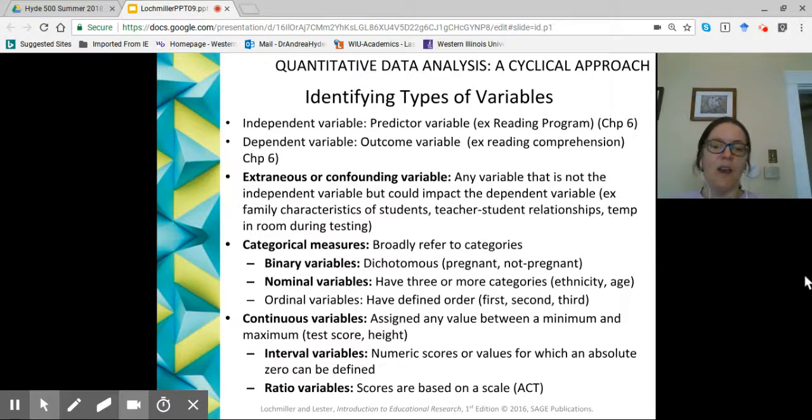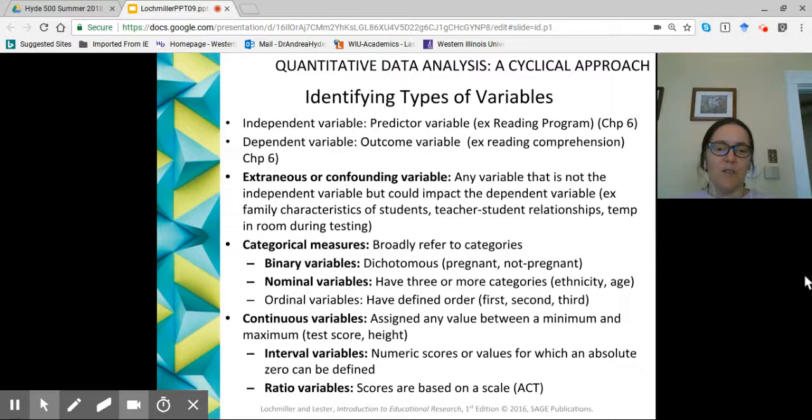So if you have a minimum and maximum, let's just use the language that's presented in the textbook, then that can be a continuous variable. The idea is it's always going to increase, although with test scores, it could certainly decrease as well.